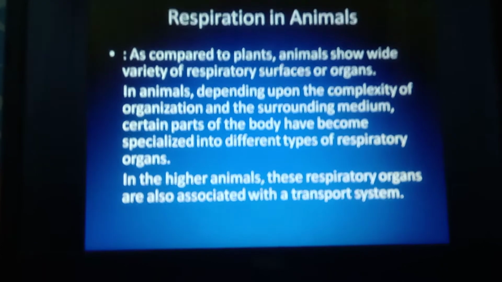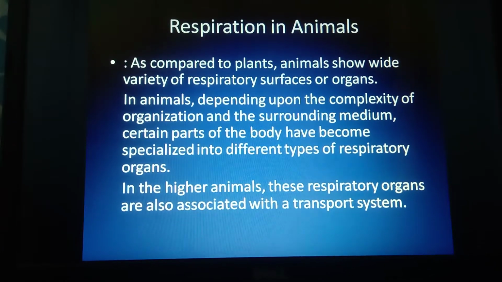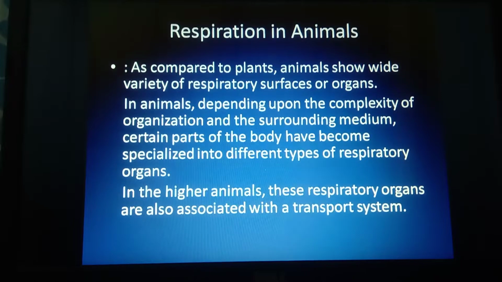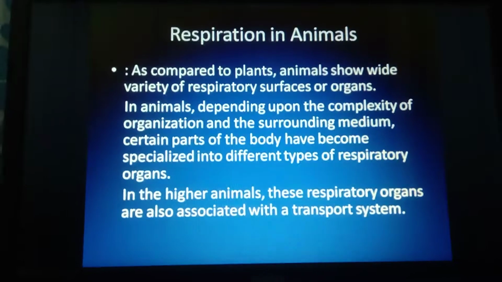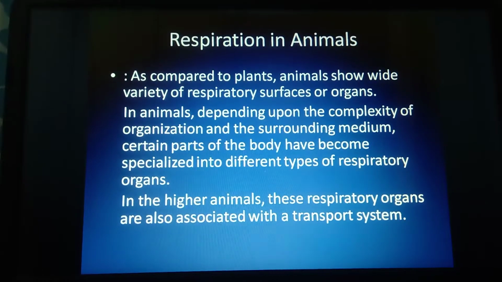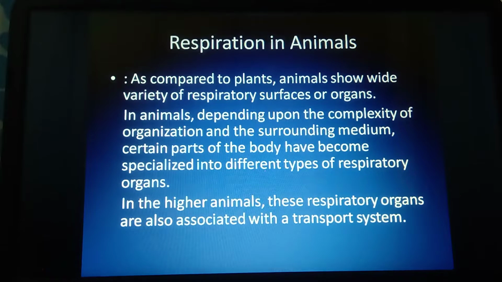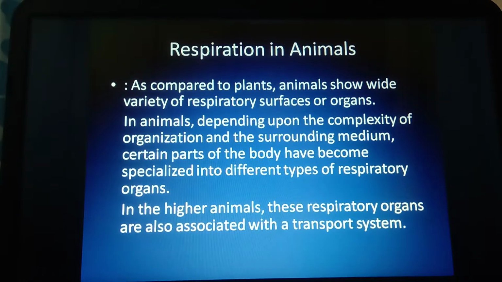Those are the organs meant for respiration in Amphibia. If we take fish, fish reside in the water, and inside the water they perform respiration with the help of internal gills.